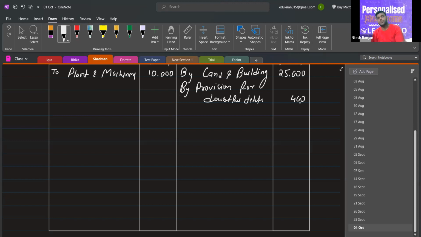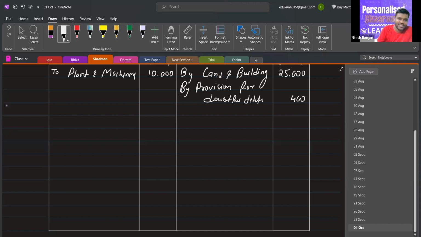On the asset side, how much amount? 35,000. And what is the provision? Provision for doubtful debts is 1,000. So they are saying that we have created more provision. Means there is less doubt on the 400 amount. So it should be 600 only. I still didn't understand.